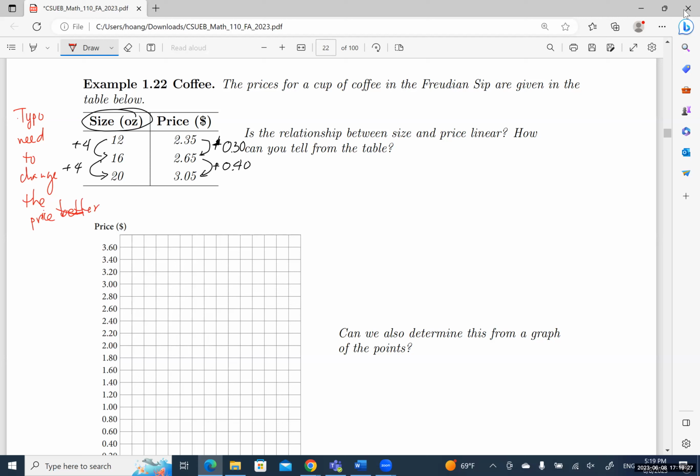But anyway, in this problem we want to show you the relationship between size and price, whether it is linear.